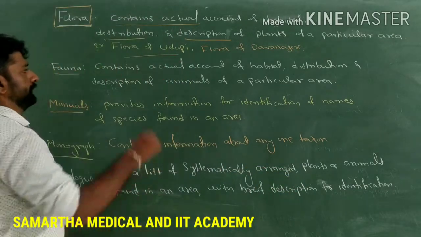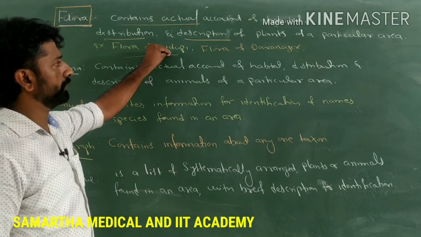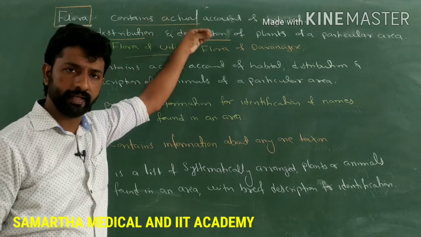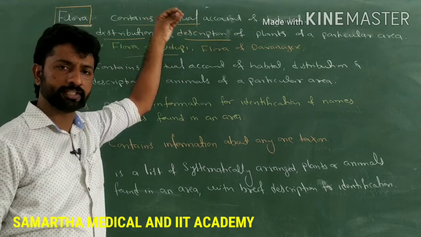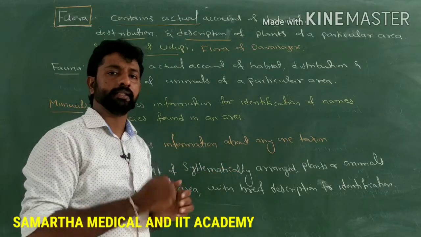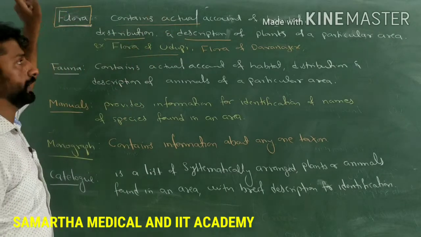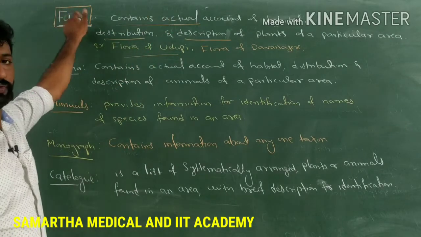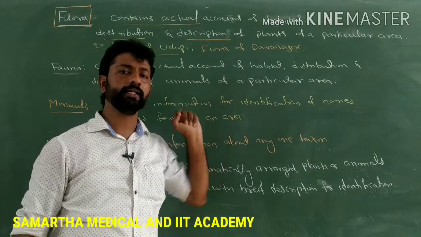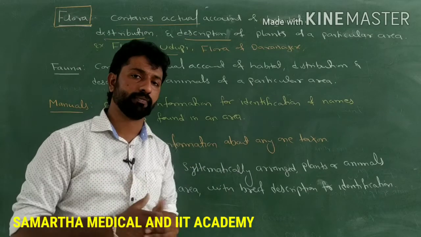If you consider a geographical area, what are the total number of plants present, what is their habitat, their description and where they are distributed in that area. All that information will be provided in a taxonomical aid called flora. So flora contains the account of habitat, distribution and description of all plants present in a particular geographical area.